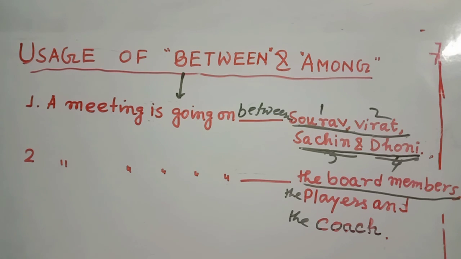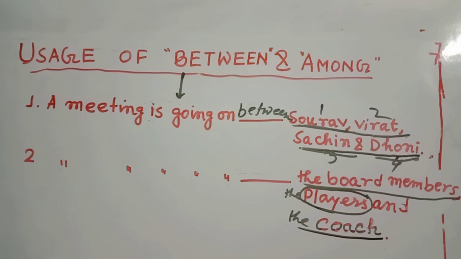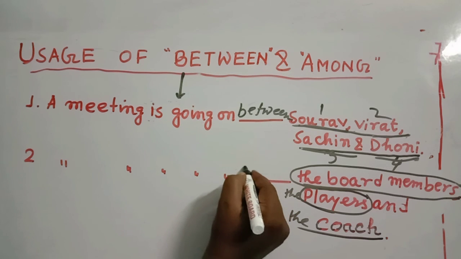So you can see, my dear friends, these are groups. Players, it's a group. There are some players. Coach, that is an individual person. And here the board members. So here we are thinking about groups, and if these nouns are groups, at that time we have to use among.